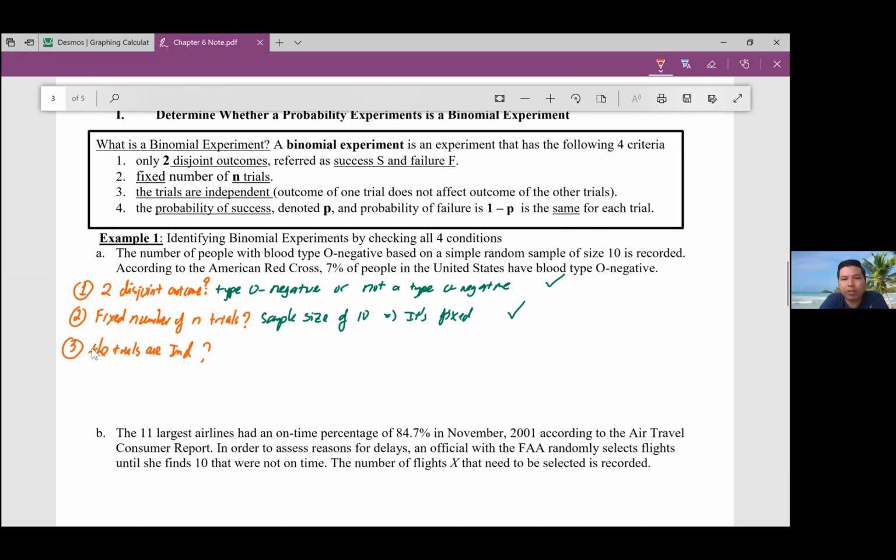The independence. And the reason is, if I get type O negative, does that mean Grayson is going to get type O negative? No. They don't affect each other.